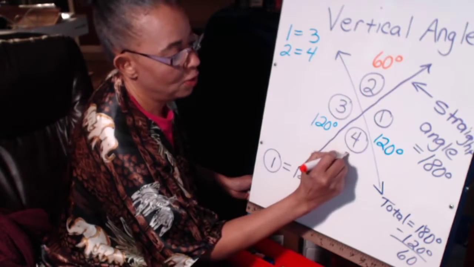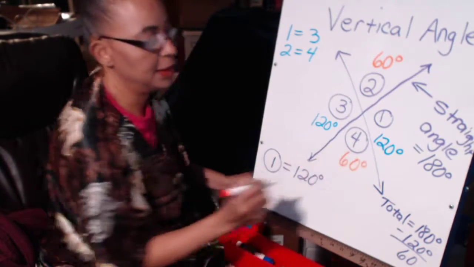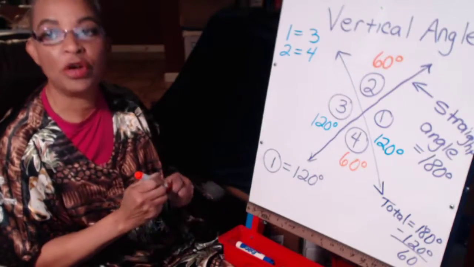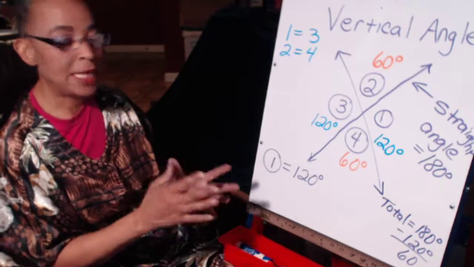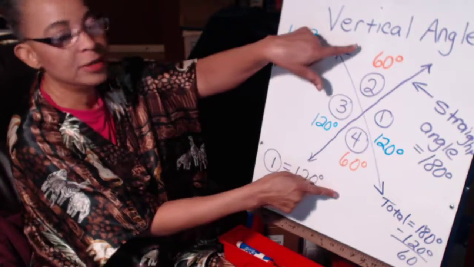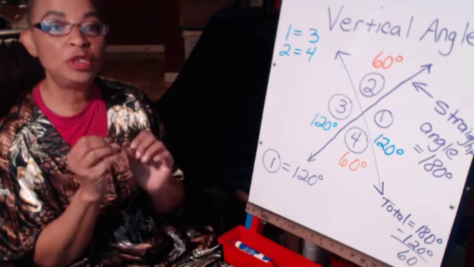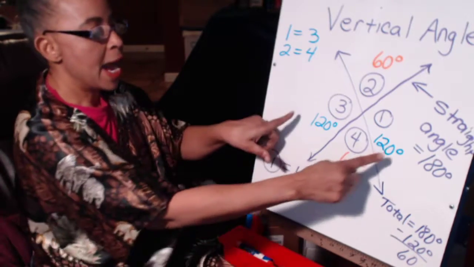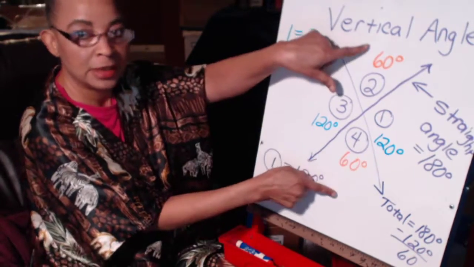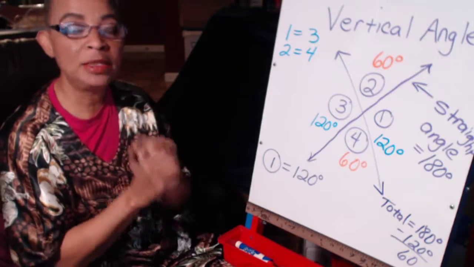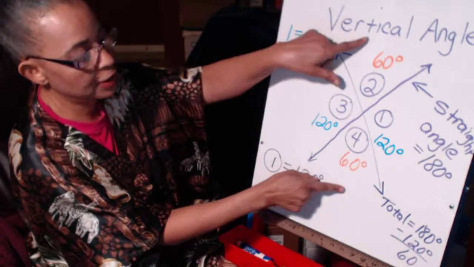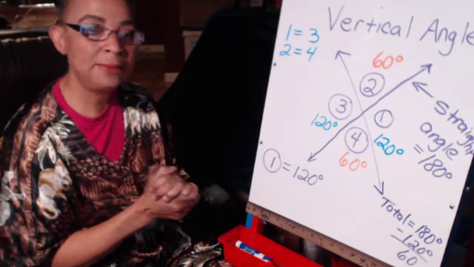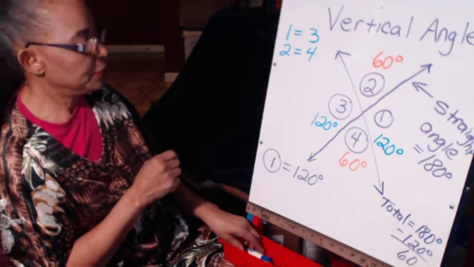So angle 4 is 60 degrees. Vertical angles. Now, what are we saying? Opposite angles have the same degree measure.